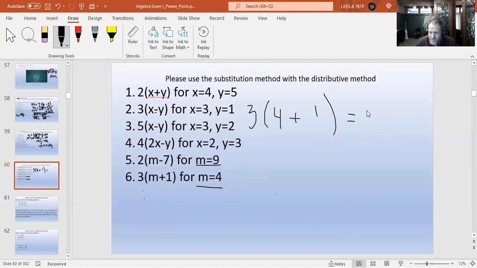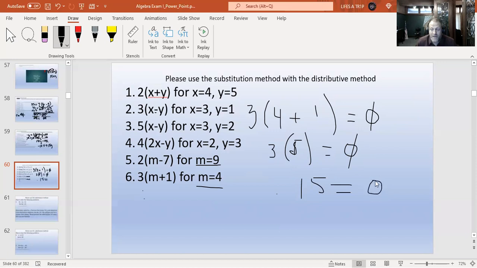But I'm going to add a 0 so we can continue on here. 4 plus 1 is 5. So 3 times 5 equals 0. 3 times 5 is 15 equals 0. That is not a solution, guys. 15 does not equal 0. That is false. Not a solution.